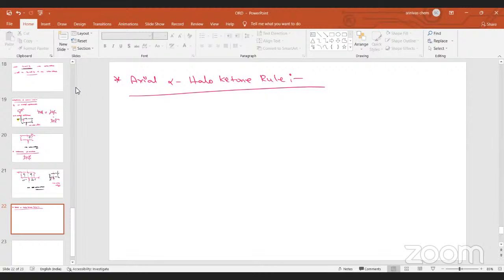This rule is applied when there is an axial halogen group, like chlorine, bromine, or iodine, alpha to the keto group of a cyclohexanone molecule.